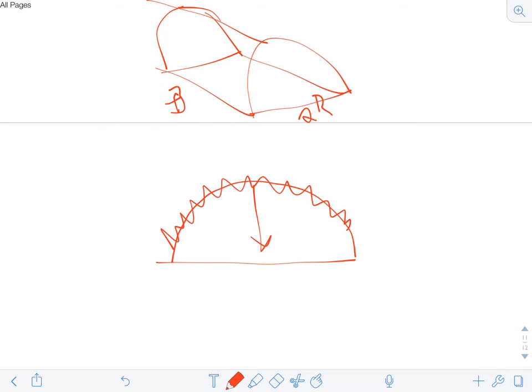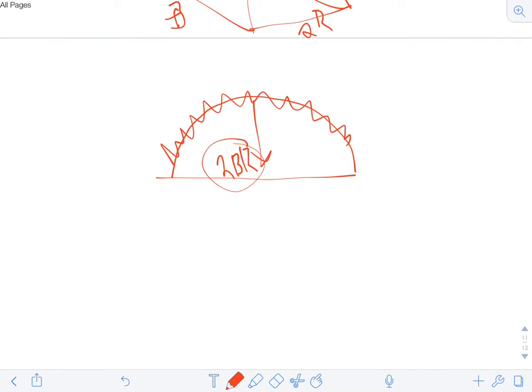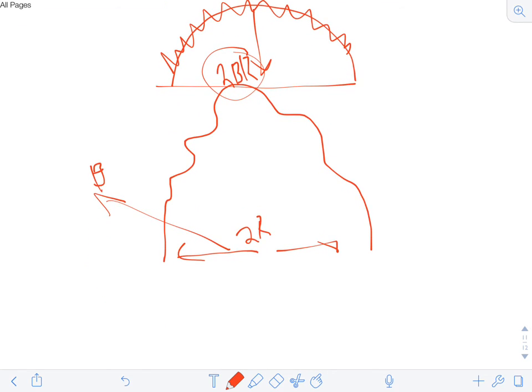This collapses onto 2BR. And we would get the same net interior force no matter what the shape was. If the structure had a different shape but still had dimensions 2R by B, we would get the exact same lift force because the projection is going to be the same.